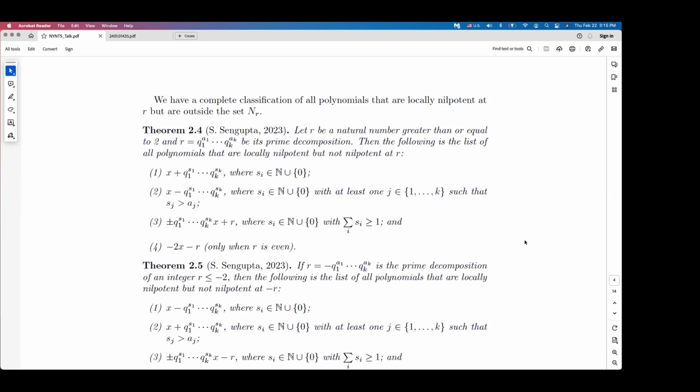Right. So what was working in our favor, if we want to consider only locally nilpotent polynomials that are non-nilpotent, is that these polynomials, if they exist, cannot be of degree greater than or equal to 2.